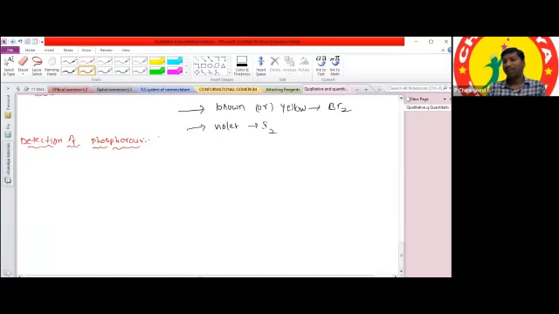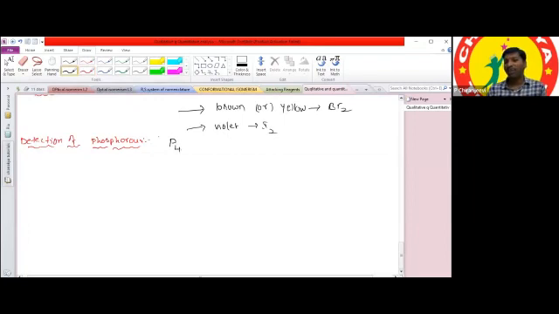Now my question is, what is the atomicity of phosphorus? I gave options also: mono, di, tri, tetra. Phosphorus is a tetraatomic molecule. It exists in the form of P4.